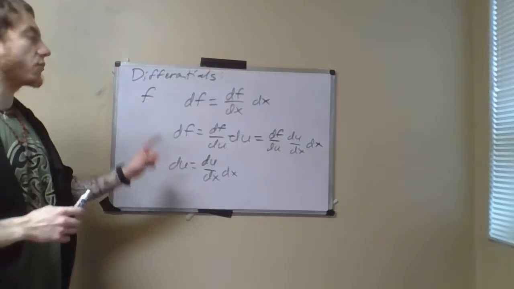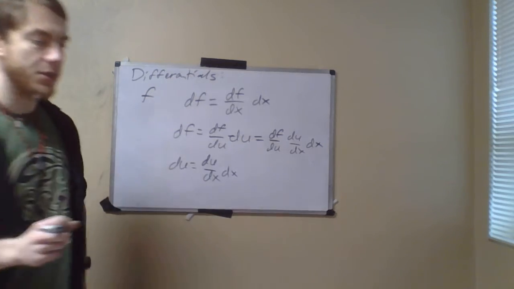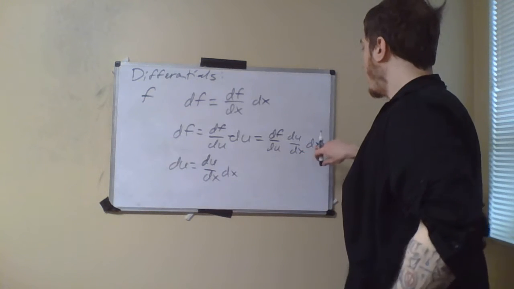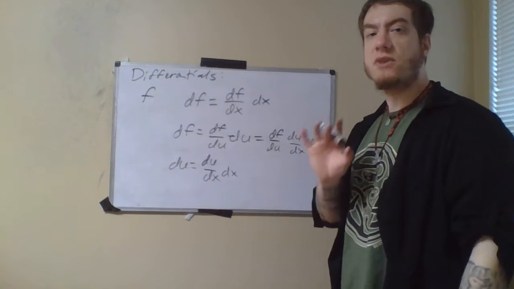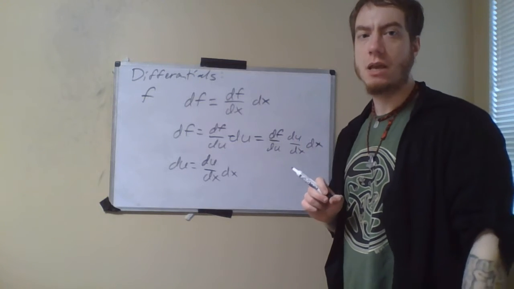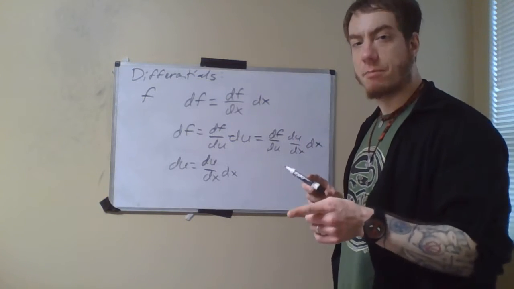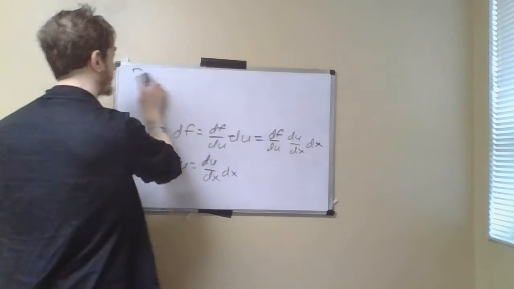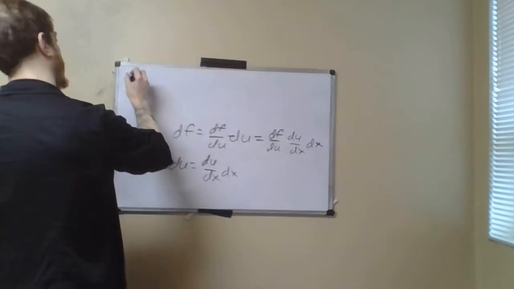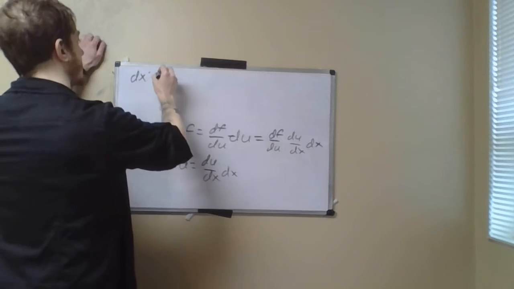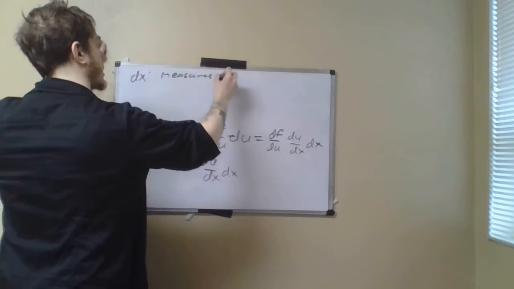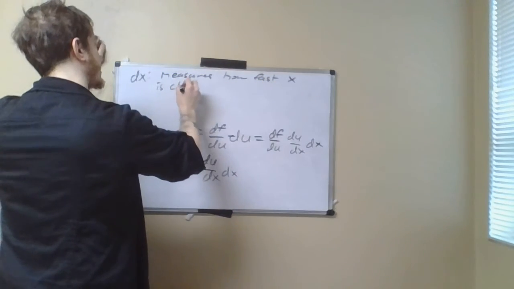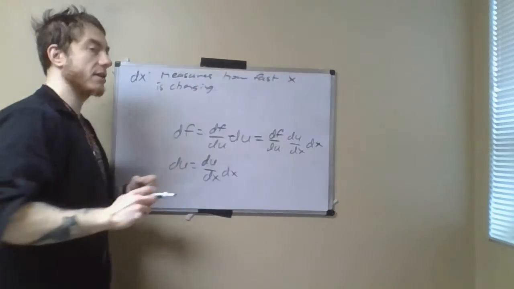Now, what is the differential really doing here? Well, there are two ways to think about this. One way is this: what the differential of an independent variable does is that dx measures how fast x is changing in some sense.